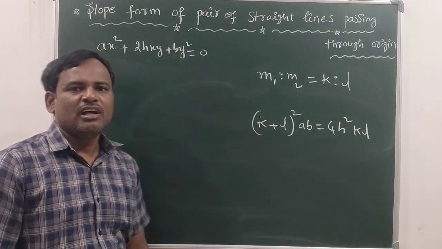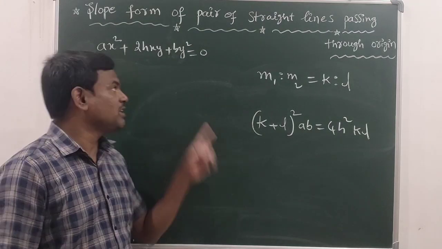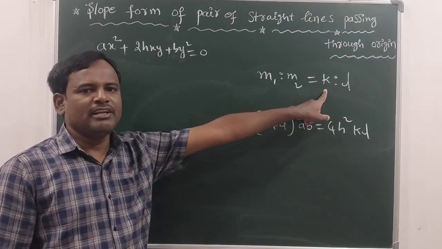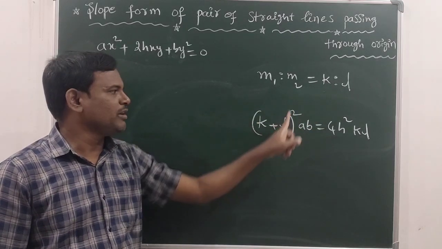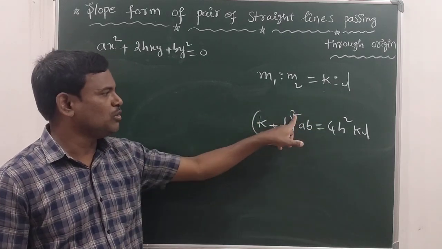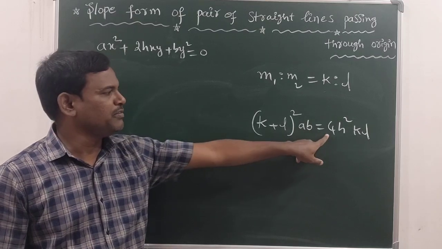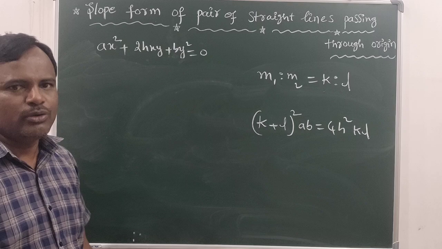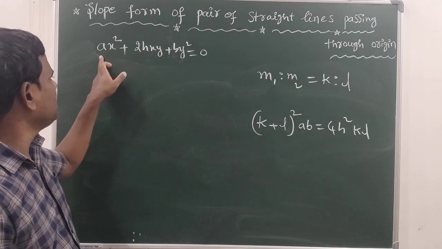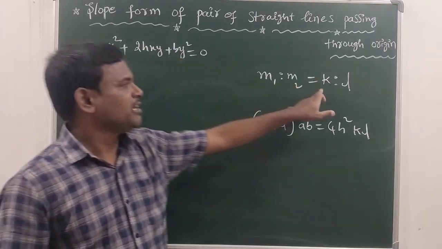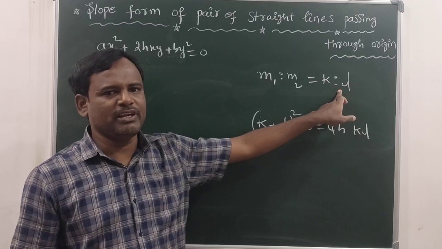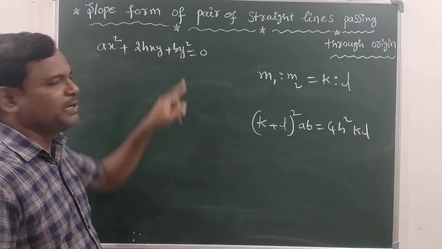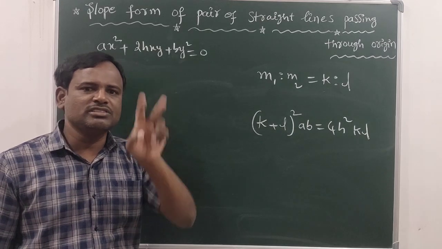Whenever the ratio of slopes of the lines represented by this pair is k is to L, you get this relation: (k plus L) whole square into AB is equal to 4h square KL. In the application part, among A, H, B, k is to L, the ratio will be given, and among A, H, B, two constants will be given.